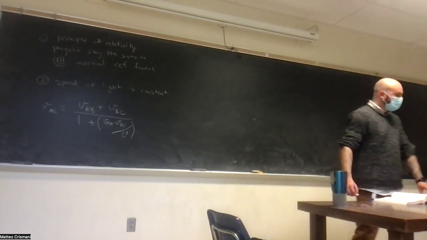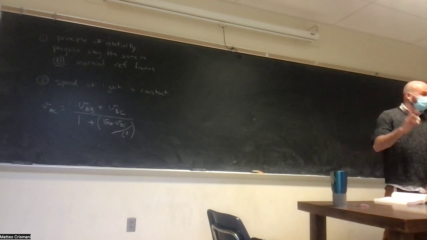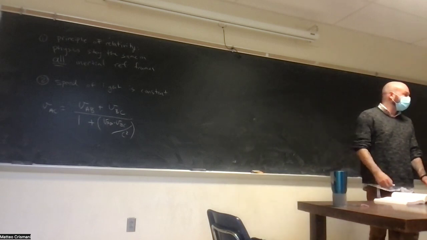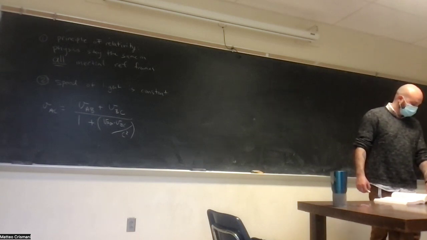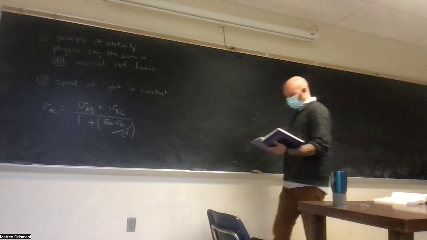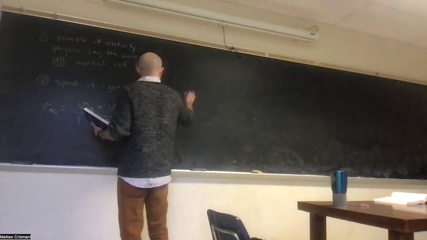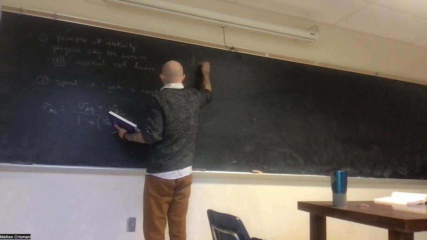Okay, so similarly, we then found that we had to transform coordinates, right? So we found out that time changes, and we took some pieces here and we created this thing called gamma. Do you remember what gamma is? Let me go to the coordinates here. So we have here X, and then my vector signs.